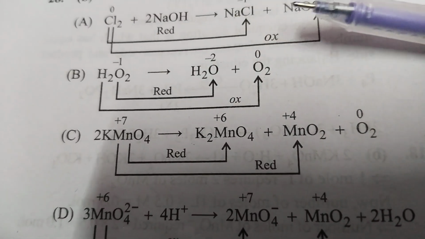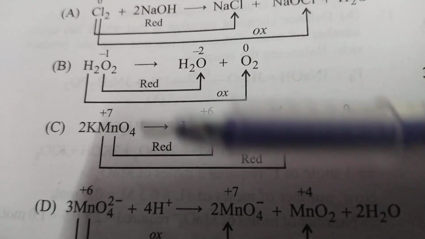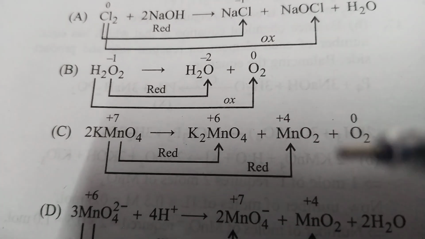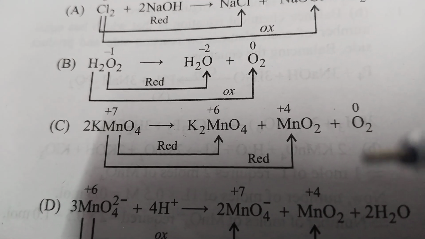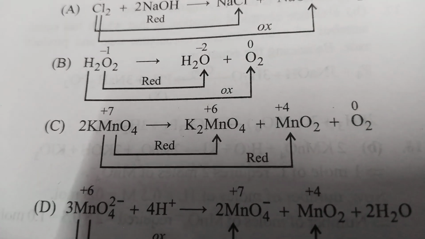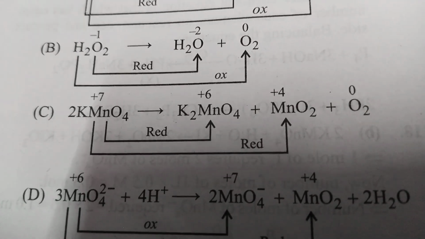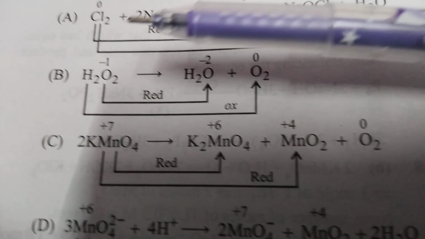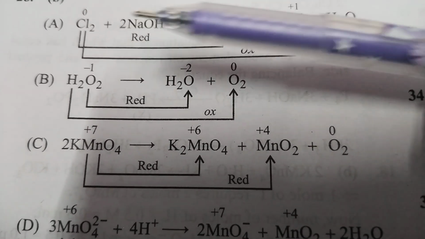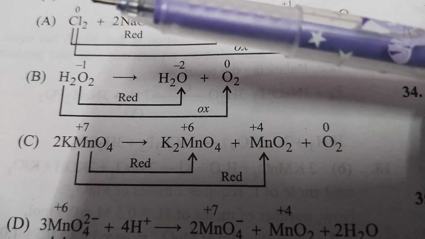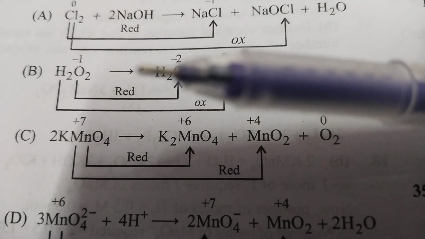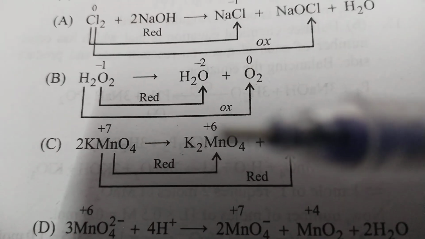In a chemical reaction, if an element undergoes both oxidation and reduction, that reaction is said to be a disproportionation reaction. What is oxidation? If an element's oxidation number increases, that is oxidation. If an element's oxidation number decreases, that is reduction.